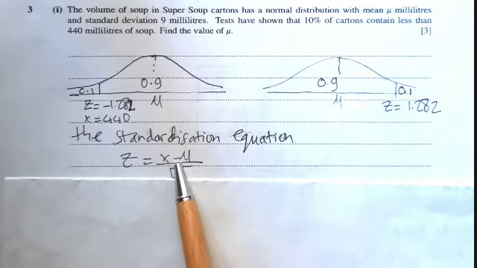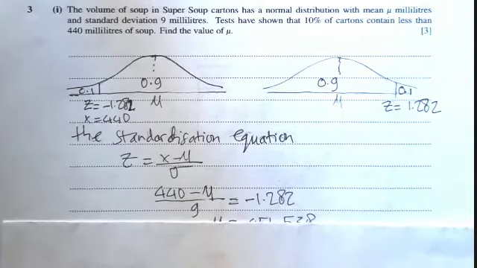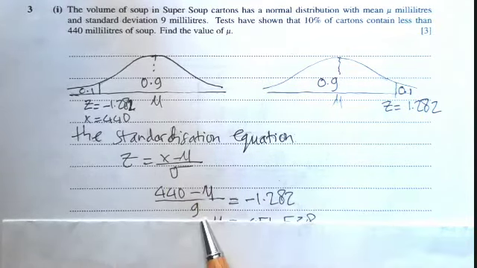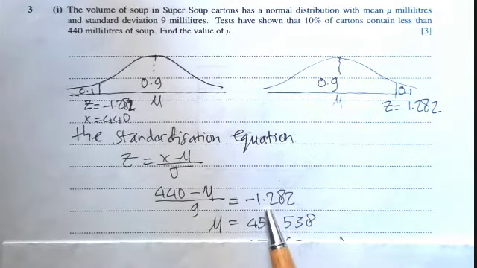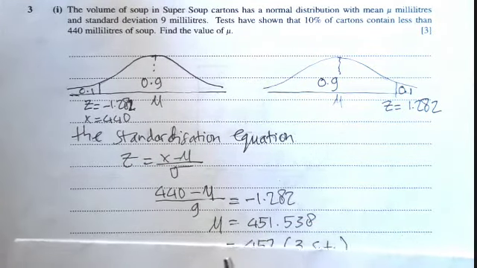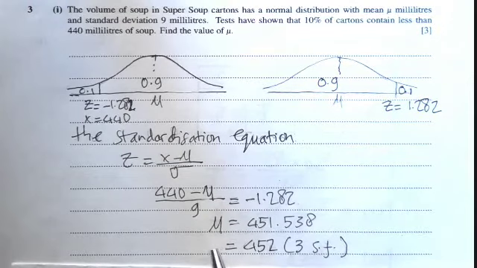Thus x is 440, so 440 minus mu per the standard deviation 9 equals minus 1.282. From here we can calculate that mu is 452, to 3 significant figures.